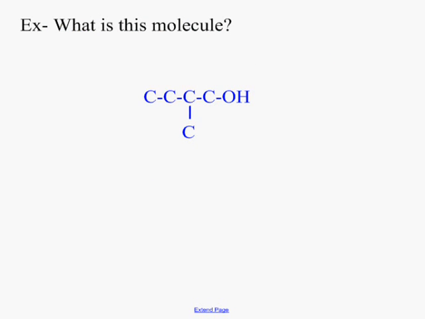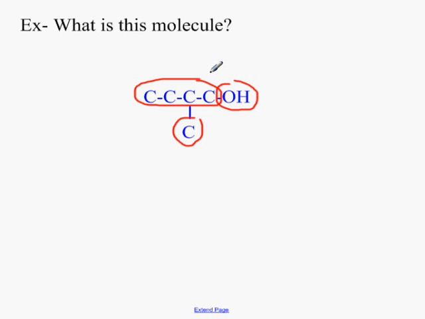Okay, now let's get a little trickier here. How would you name this molecule here? Well, let's stick with our rules, right? Find the longest chain. So who's the longest chain here? That's easy. It's 4, right? Find the side groups. There it is. And find that functional group. There we go. Okay. Now this is obviously an alcohol, right? And it's obviously got butane or butyl here, right? So how would we number the longest chain, though? Would you start over here? 1, 2, 3, 4? No. You would start closest to the important group here.